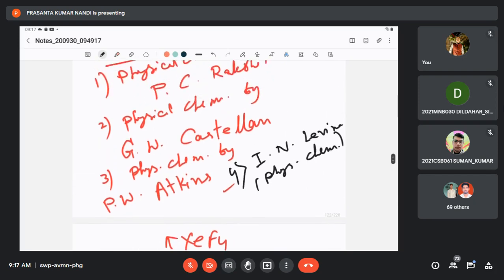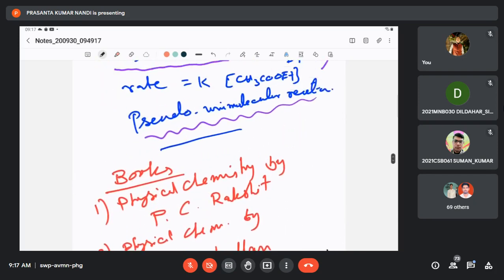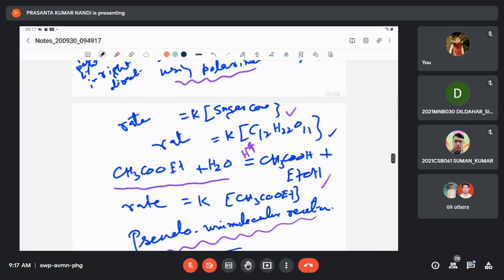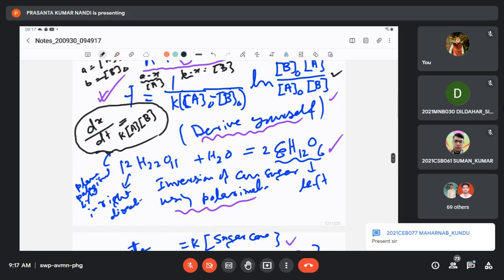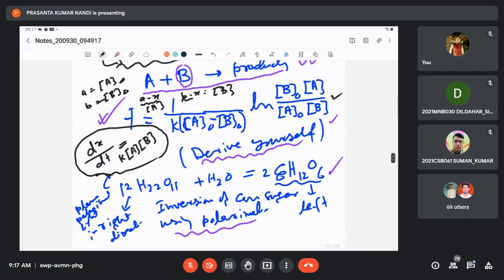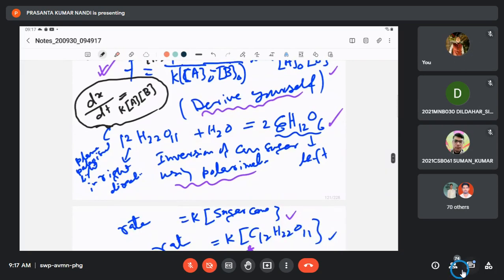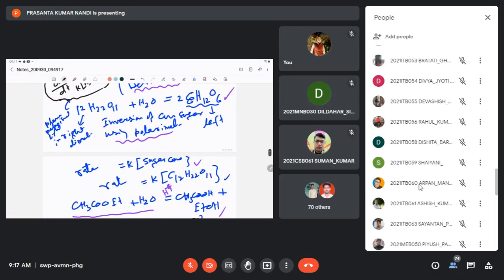Now the question is how we can explain these apparently molecular reactions, how we can identify or explain based on the kinetics study. So this is straightforward, I'll show you.